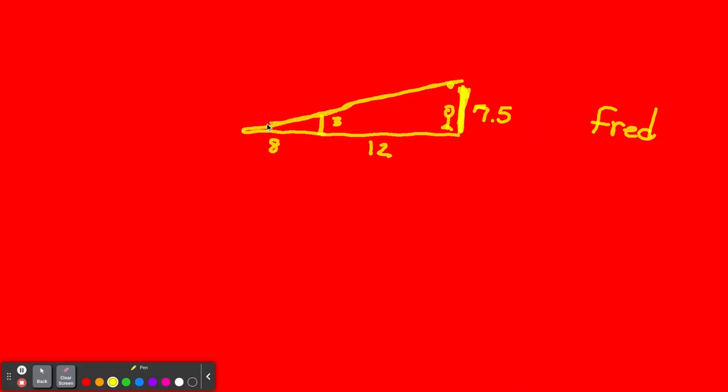We have our two triangles. A total amount from here to here is going to be 21.4 feet. And that's a 3, by the way, by the net. All right, so we have our 8, we have our 12.